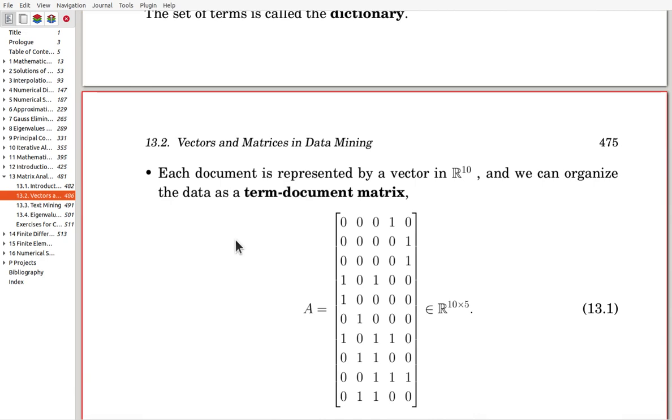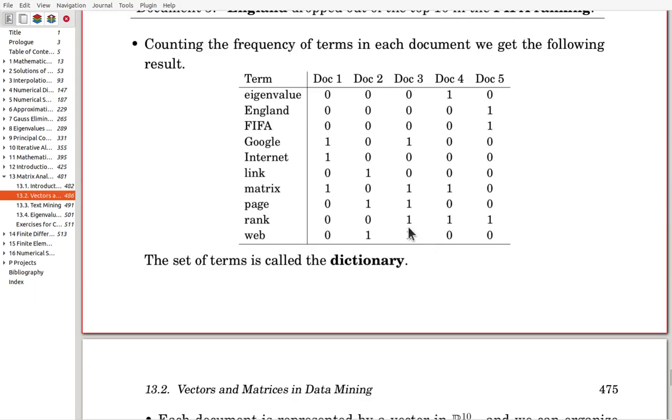Now, each document is replaced by a vector in R^10. So for example, document 1 can be represented by this one. For the given set of keywords, that means the dictionary, document 1 has such a vector.